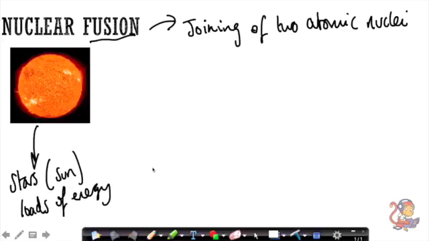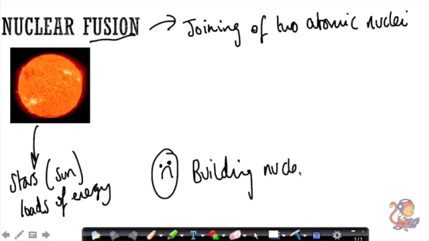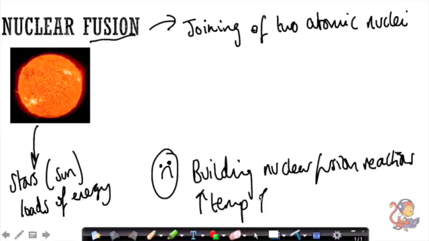And what we're trying to do actually is, like we produce energy by nuclear fission in reactors, we are trying to build nuclear fusion reactors as well, but we're not having very good success with building these. And the reason is, like the stars, this fusion happens at really high temperatures and really high pressures, and we're struggling to build equipment that can hold such high temperatures and pressures to release energy.